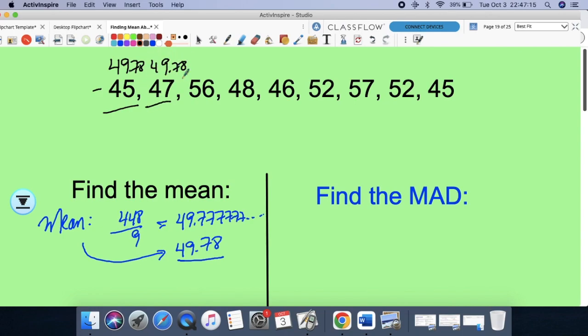It's easier if the number is bigger, then you put it on top. So here I'll put it at the bottom, because 56 is bigger. 49.78 is smaller. Again, we have to subtract all these numbers.